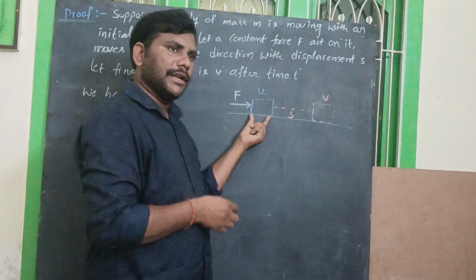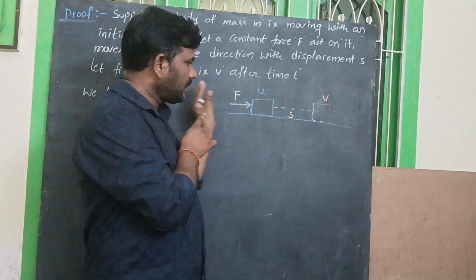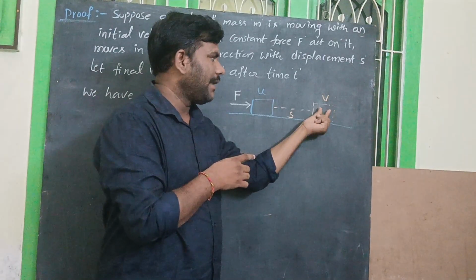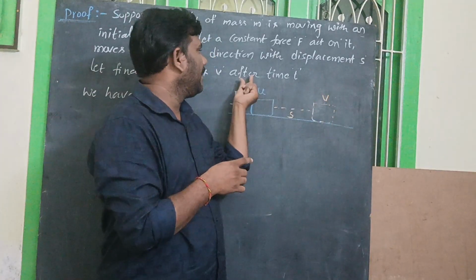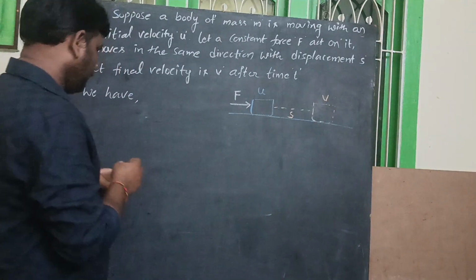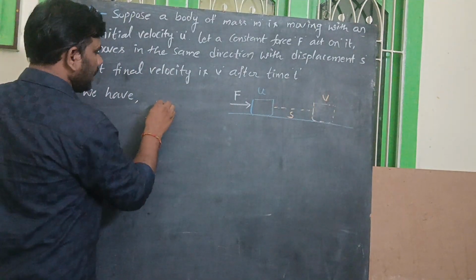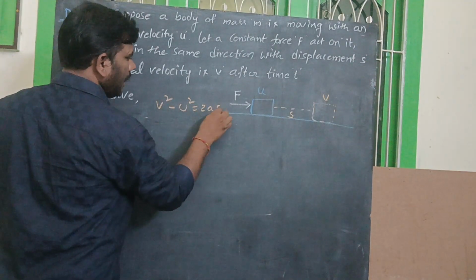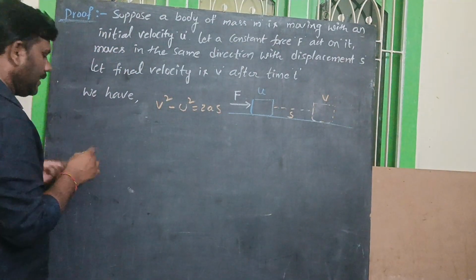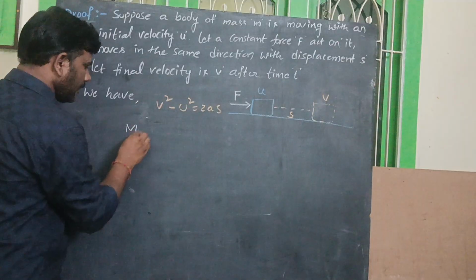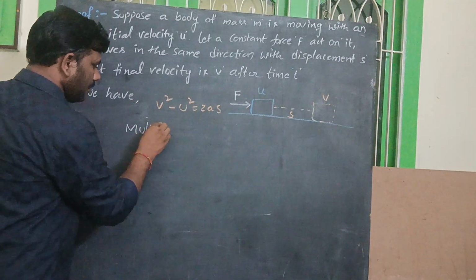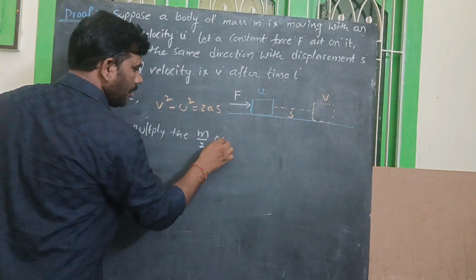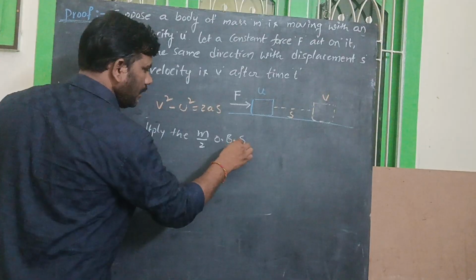The body has initial velocity u, a constant force F is applied on the body, the displacement is s, and the final velocity is v. We already know the kinematic equation: v square minus u square is equal to 2as. Multiply m by 2 on both sides.